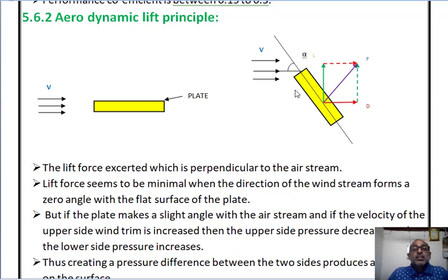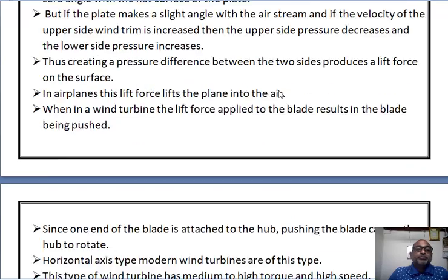In this turbine we get medium or high torque, and we also get higher speed compared to the aerodynamic drag principle. Its coefficient of performance is between 0.3 and 0.4. This type of turbine is used to generate electric power.